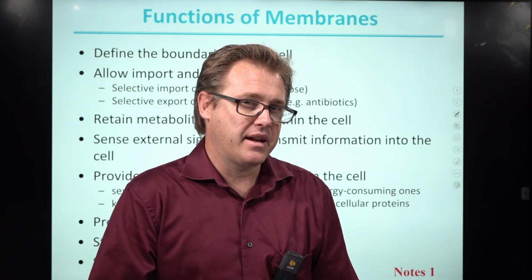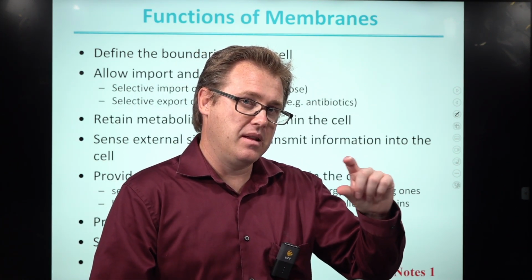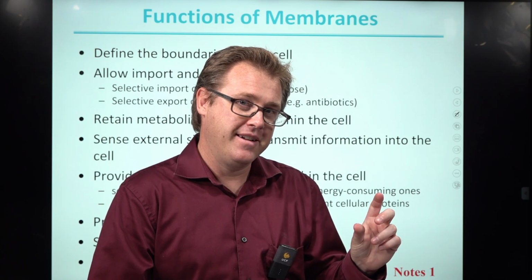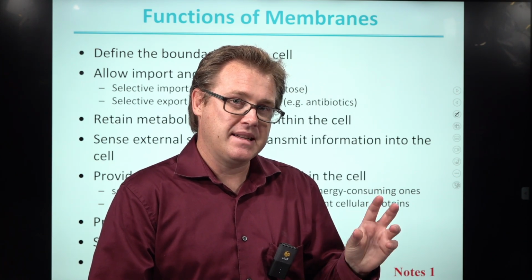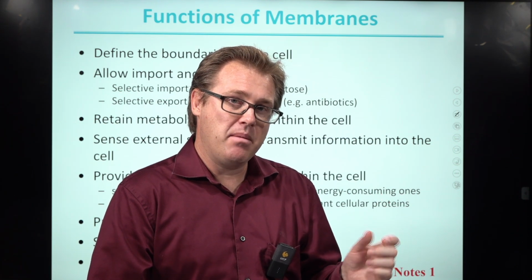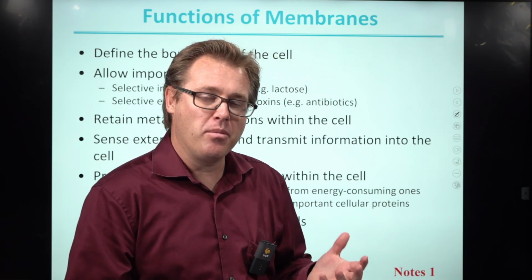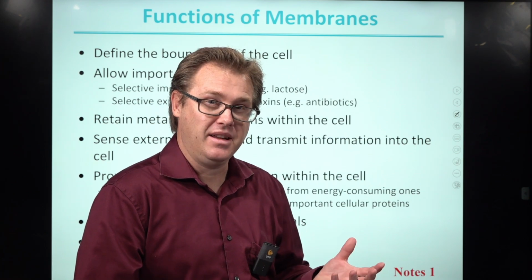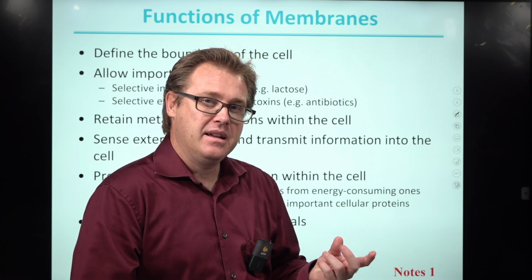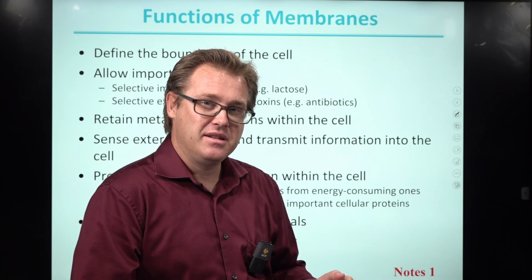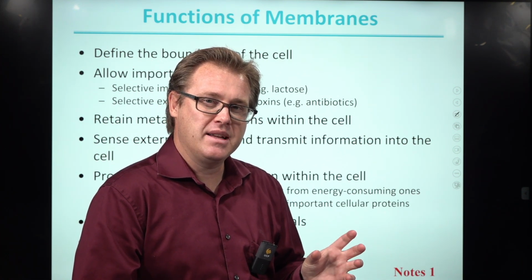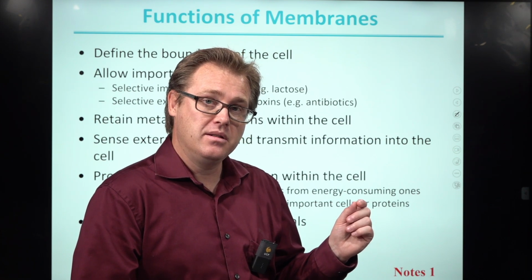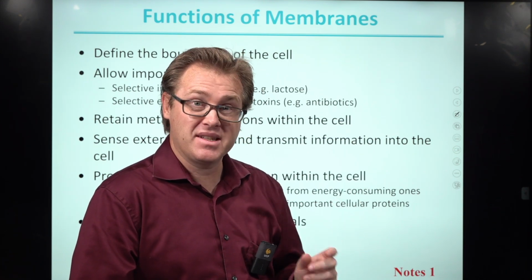But with that, there's the caveat. The lipids in the membrane are designed to keep things out. But then the membrane itself is going to have other molecules, such as proteins and ion channels, and these different types of proteins that allow things to come in and out of the cell.